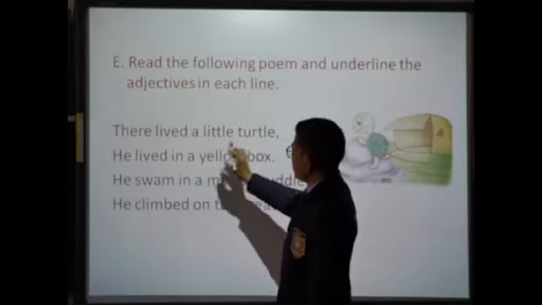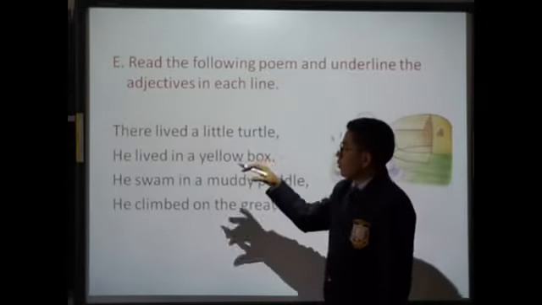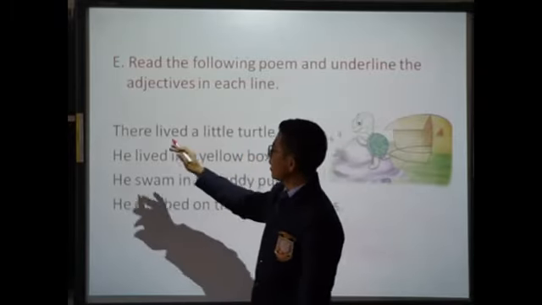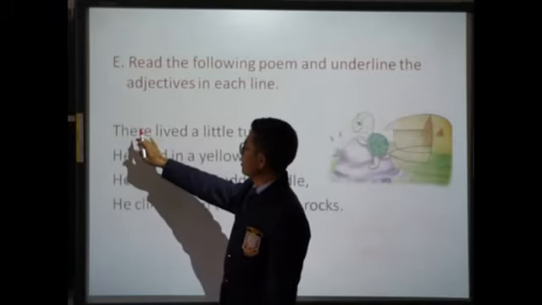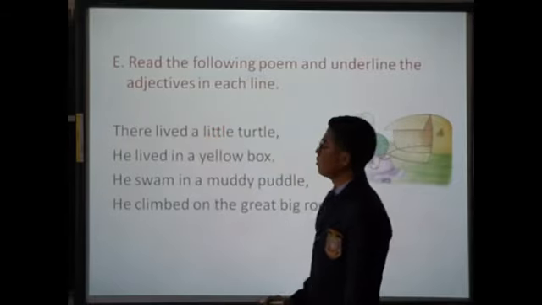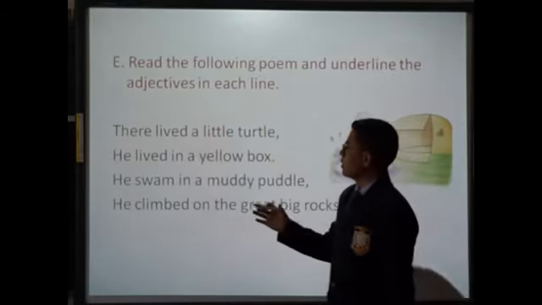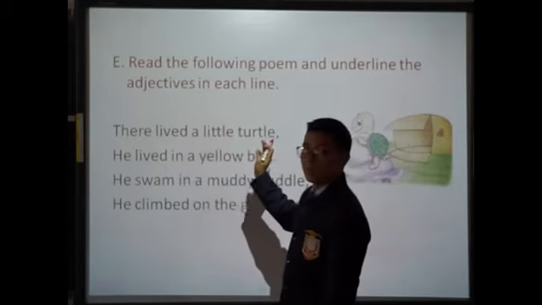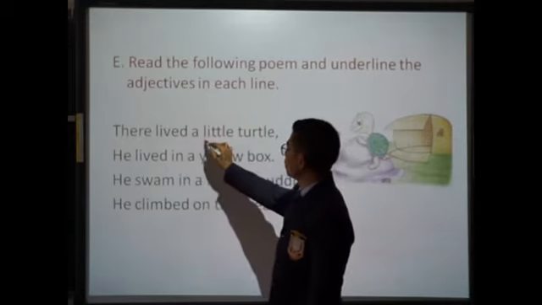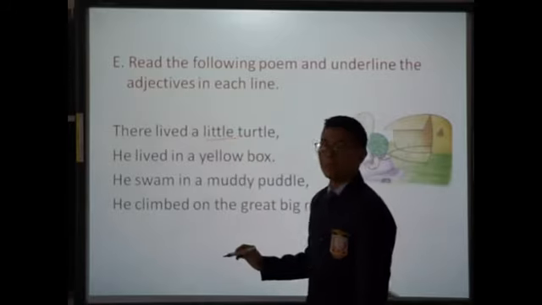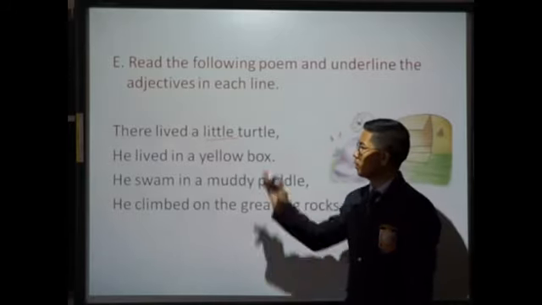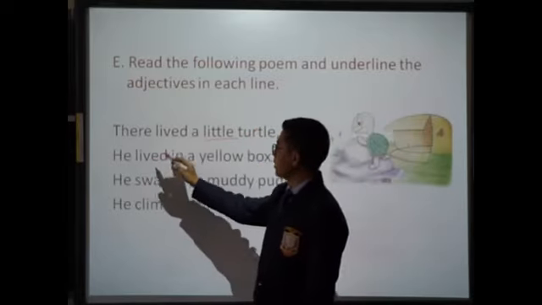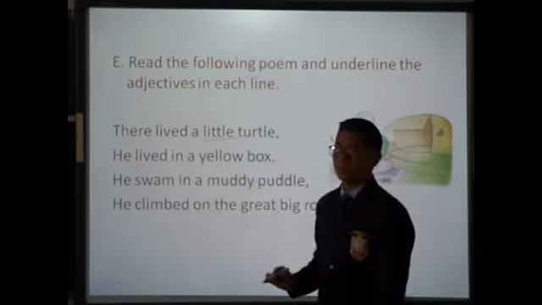So in each line there is an adjective, and you need to find out what the adjective is. I'll read this one. First sentence: There lived a little turtle. Which one is the adjective here? Little is an adjective. It describes the size of the turtle, isn't it? He lived in a yellow box.